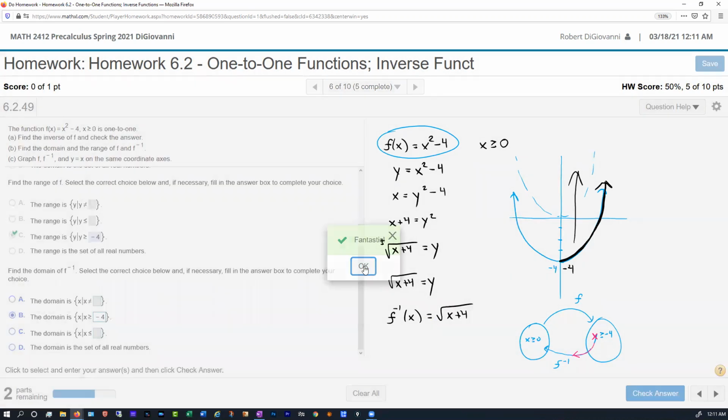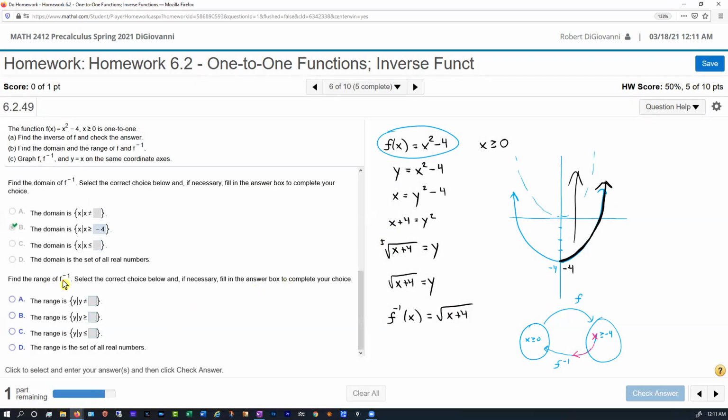Hope that makes sense. And then the range of f inverse is this side. These are the things that come out. These become the y values, because these are the y's that come out of f inverse. So our y values must be greater than or equal to 0.